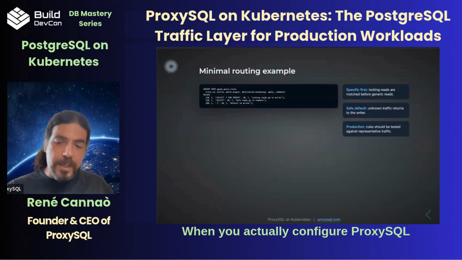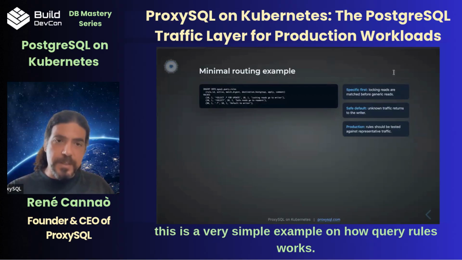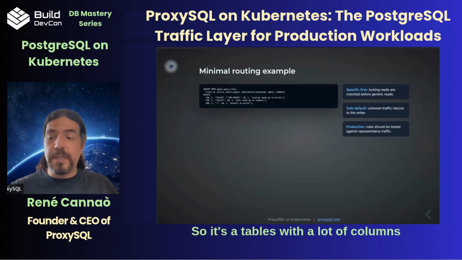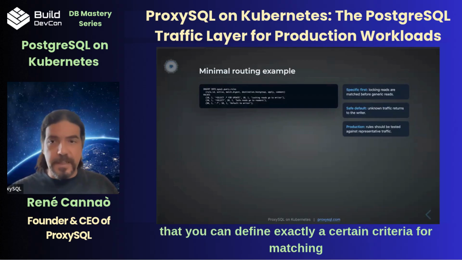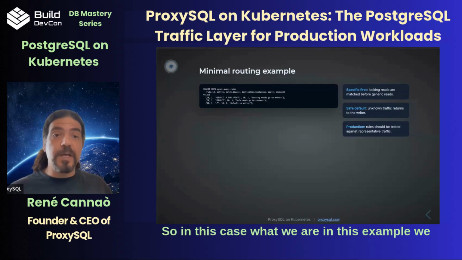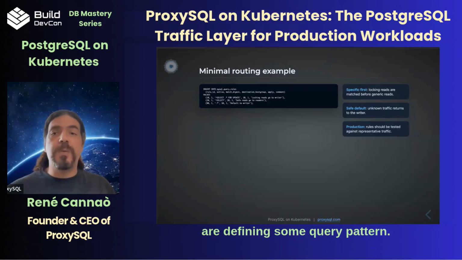So when you actually configure ProxySQL, this is a very simple example of how query rules work. In ProxySQL, the routing is configured through tables. It's a table with a lot of columns where you can define exactly certain criteria for matching the traffic. In this example, we are defining some query patterns.